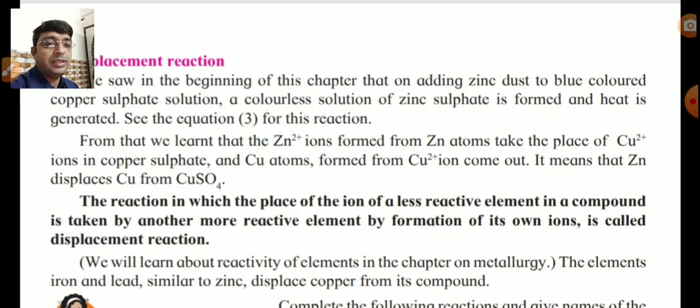The reaction in which the place of the ion of a less reactive element in a compound is taken by another more reactive element by formation of its own ions is called displacement reaction.